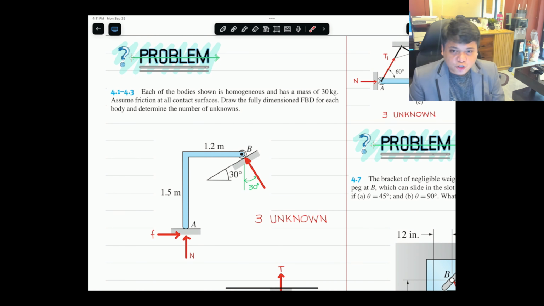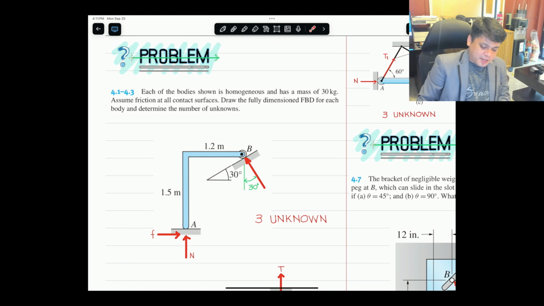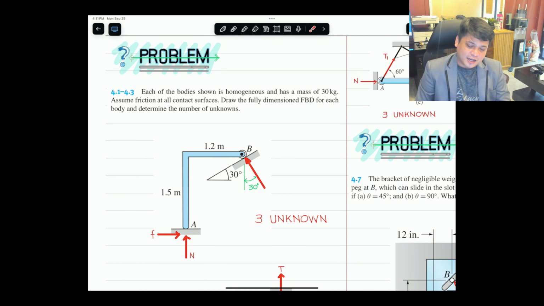And then again, assume that you have friction on each surface. So it means your point A has friction. But point B, since that is a roller, as you can see, has only one reaction.